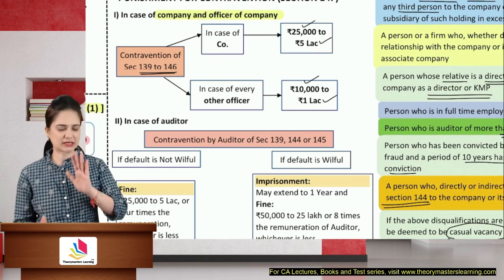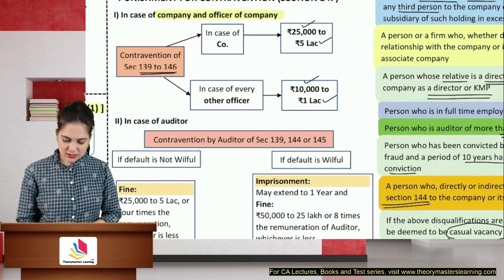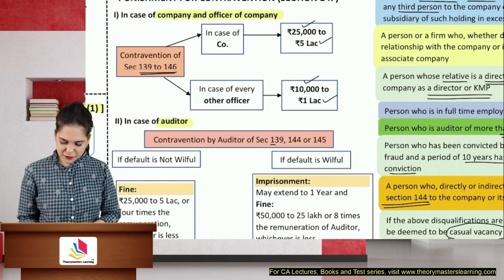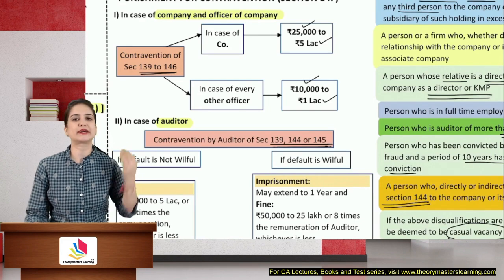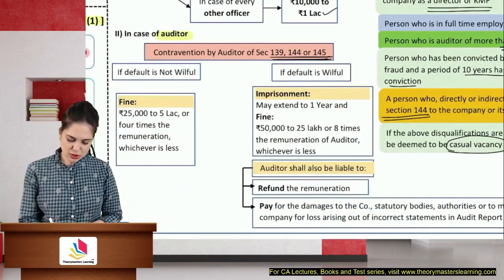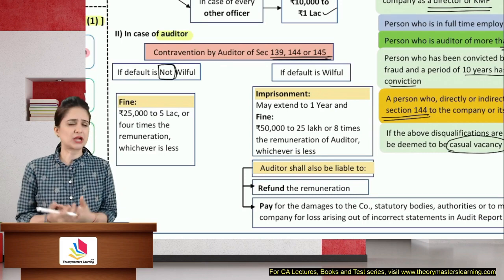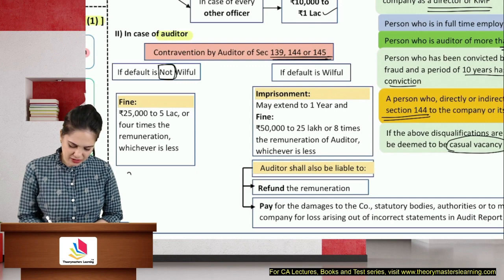So minimum and maximum. How about auditor? If the auditor has contravened any of the sections like 139, 144 and 145, if the default is not willful, okay, you have not done it willfully, then fine will be 25,000 minimum.